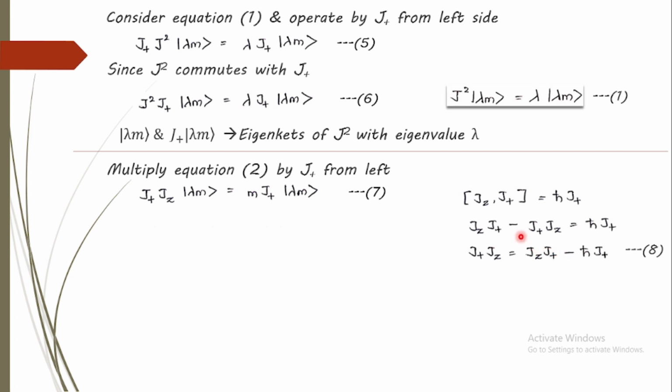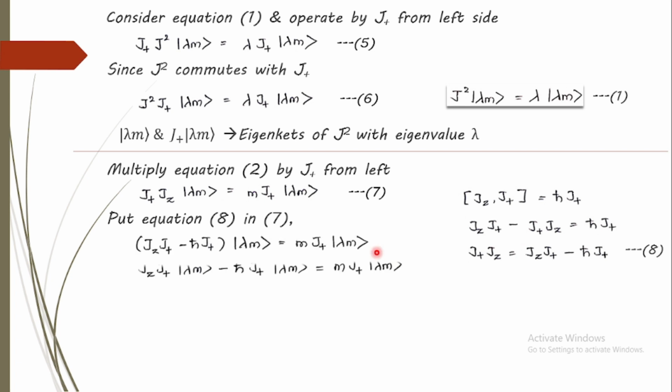Now we will substitute this equation number 8 in equation number 7, and after substituting, we will separate it. So jz j plus ket lambda m minus h cross j plus ket lambda m equals m j plus ket lambda m. In the same way, we bring this constant term to the RHS so that we get jz j plus ket lambda m equals m plus h cross into j plus ket lambda m.